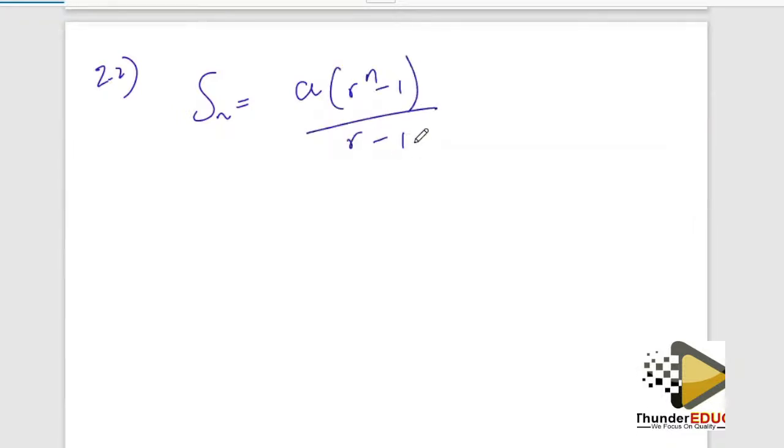Okay. So how do we get the sum of a geometric series? This is 2.2. We know that the sum of the geometric is A... is it AR? It's A times r to the n minus 1 over r minus 1.